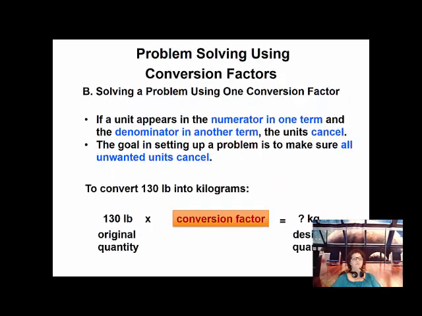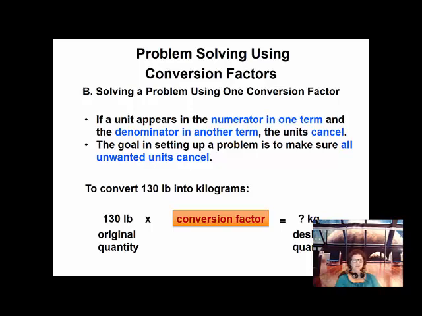So if a unit appears in the numerator, that is on top, then we're going to have the denominator have that same term in one of the other terms, and so that's going to cancel it out. Okay, and so it's going to make a lot more sense when I do it instead of talking about it, but I'm going to go through this for you word people.